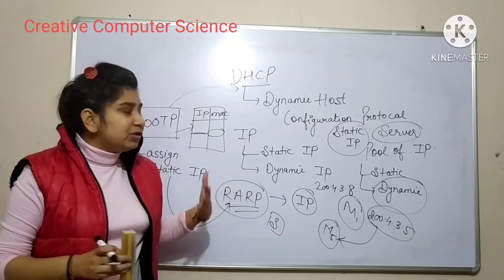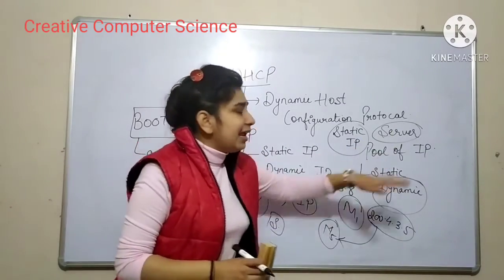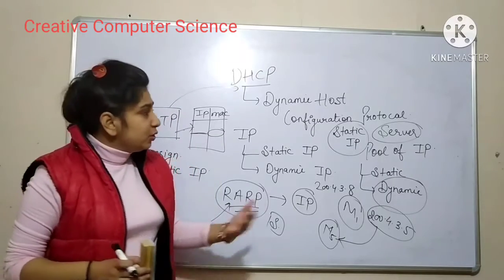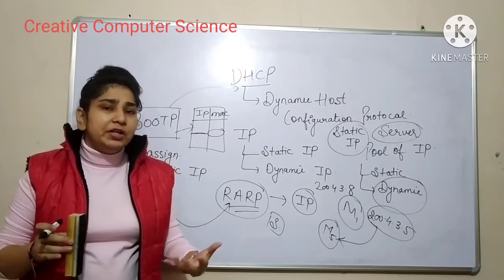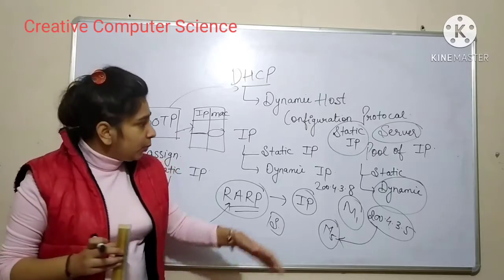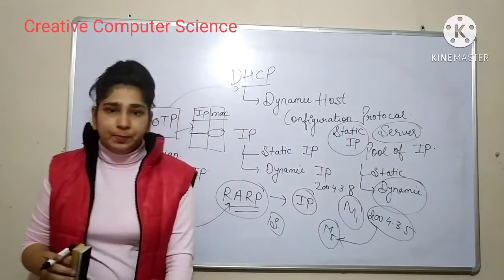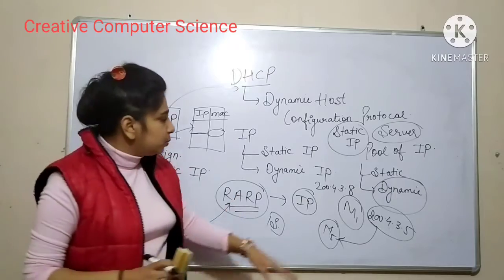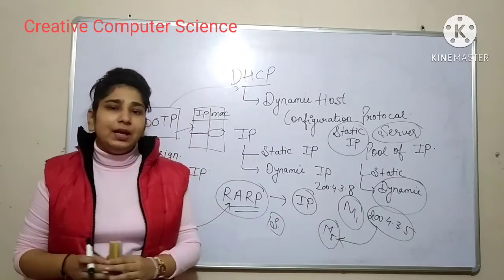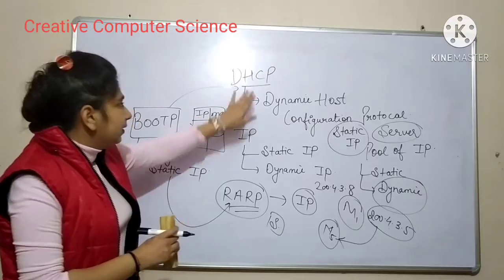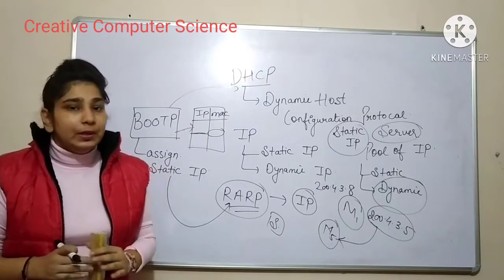If you change IP addresses after every minute, your network connection is going to be disturbed. So we assign static IPs to the servers, and to all the clients we give dynamic IP addresses. So this is our DHCP protocol.